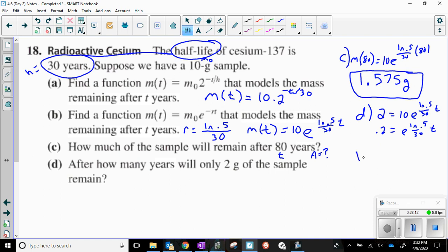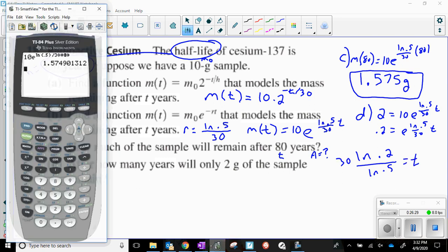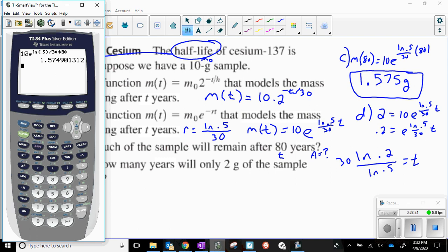So if you really wanted to, you could do natural log of the ratio that's remaining, natural log of 20%, and then divide by your rate. So when you divide by the rate, you can multiply by the reciprocal, and now it's just plug it in my calculator. So you can show the work and get here, or you can go straight here right away if you really understand that ratio.